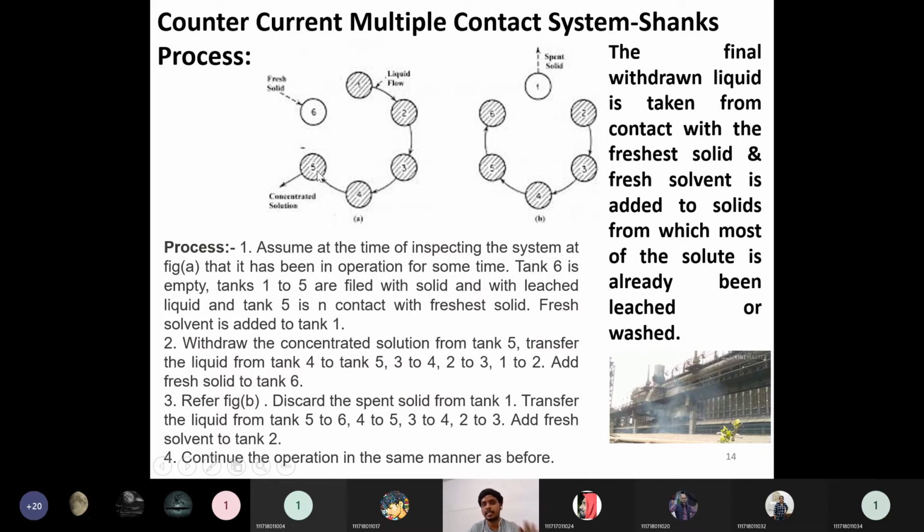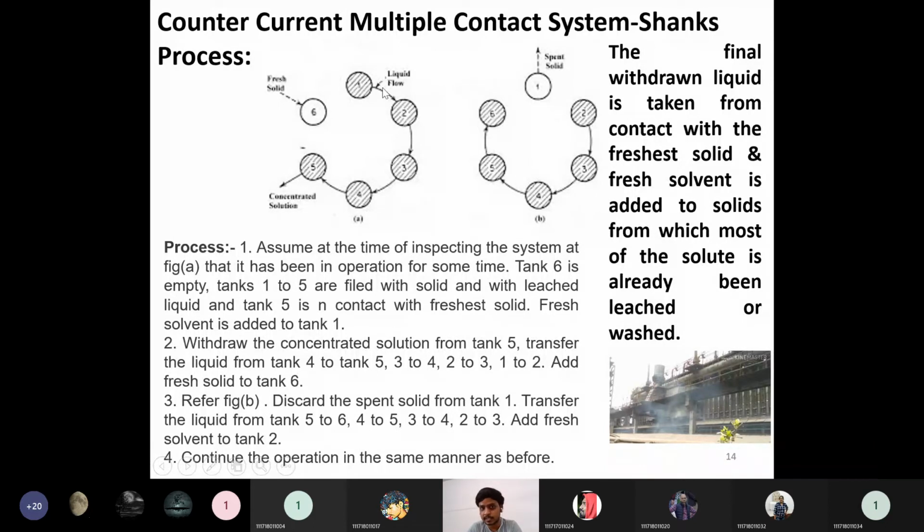So what happens at a single point in time: the solvent will be moved from tank 1 to 2, then tank 2 to 3, then tank 3 to 4, then tank 4 to 5. Initially the solvent present in tank 1 will be the older solvent.